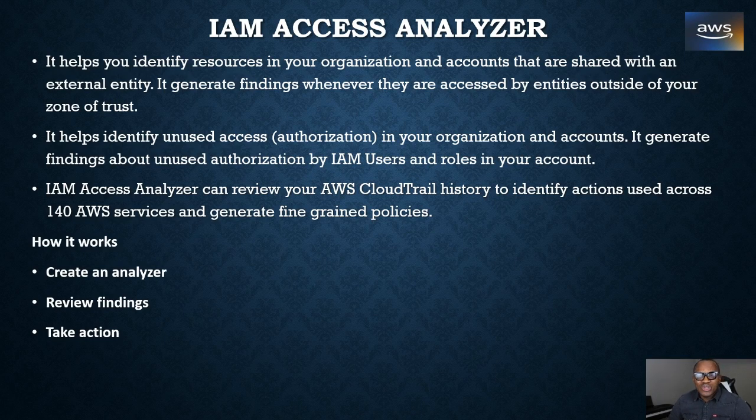So once you create it, if you notice any unusual activity in your account, it will generate findings and you can review these findings. If these findings are intended, then you can archive the finding, but if they are unintended, then you can simply take action on them, take away unnecessary, overly permissive permissions, and block any external access that is not intended in your account.